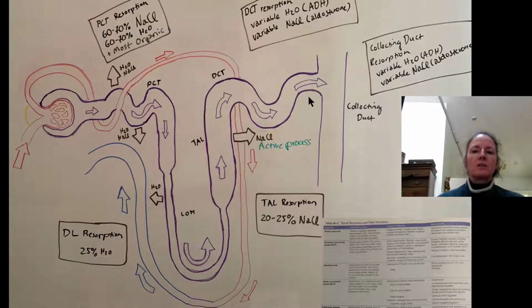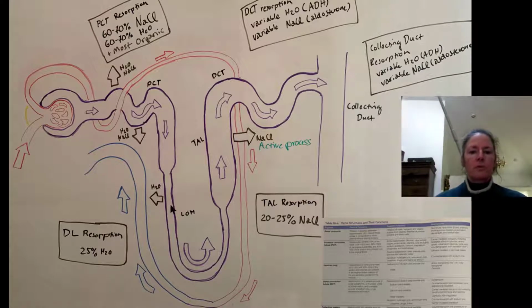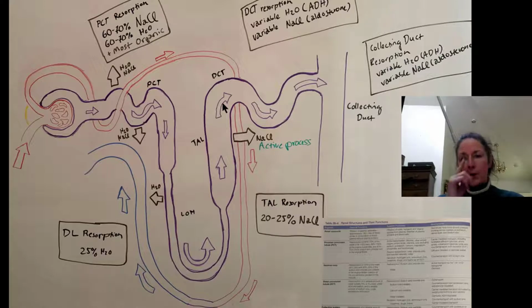Typically our distal convoluted tubule over here would be interfaced with our afferent and efferent arteriole at the juxtaglomerular complex. But for illustration purposes, we pulled it apart so we can take a look at what happens in each portion.